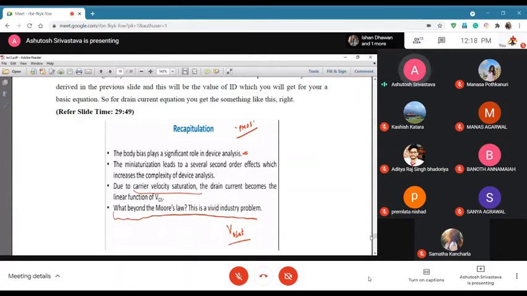Due to velocity saturation, the drain current becomes a linear function of VGS, and well, Moore's law is still going on and will go at least to the end of this decade or probably the beginning of the next decade. That is scaling down of your transistors. So from 10 micron, we have come to a few tens of nanometers.